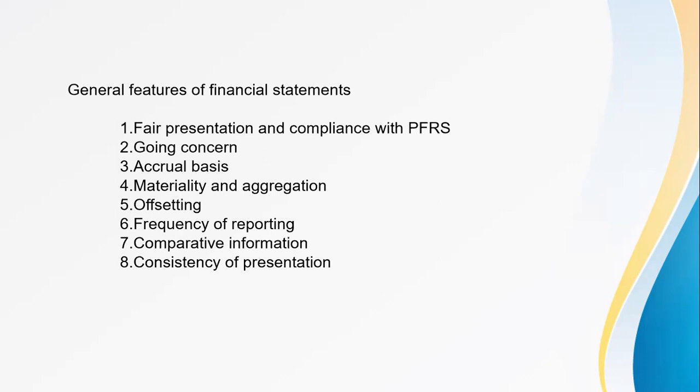So, in other words, in going concern, we mean continuity assumption. And financial statements are prepared normally on the assumption that the entity shall continue in operations in the foreseeable future.